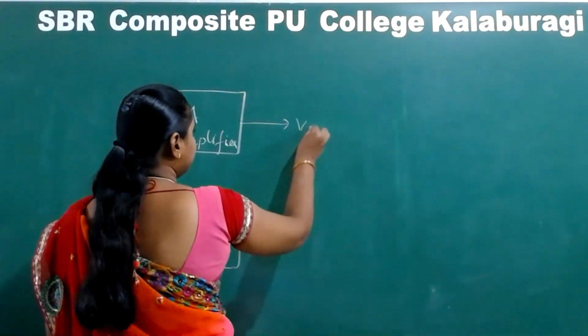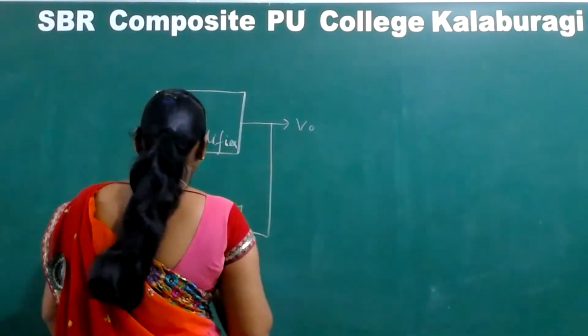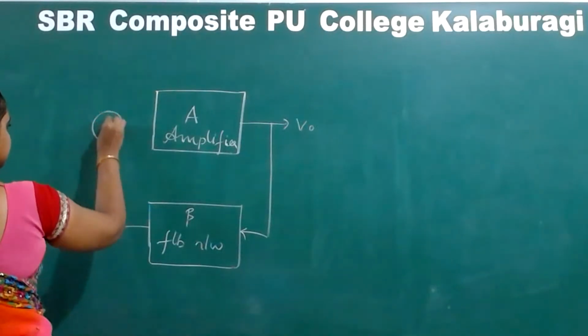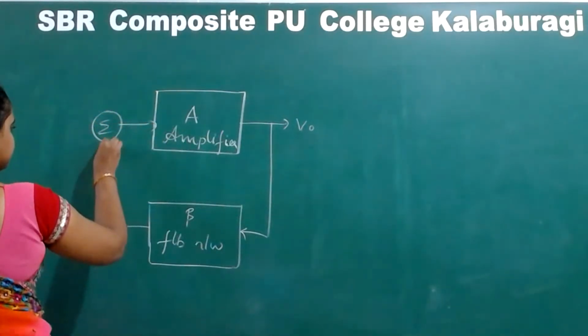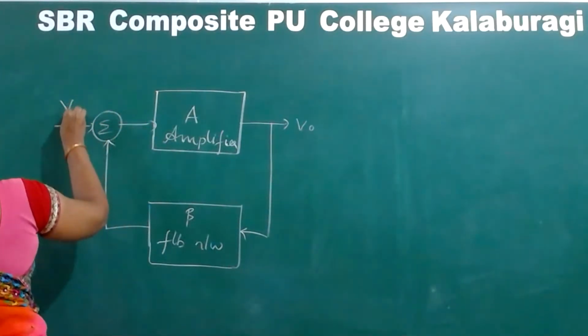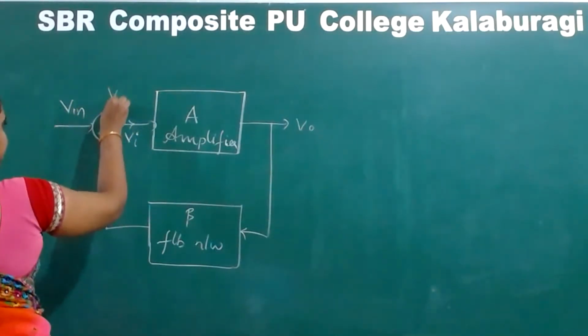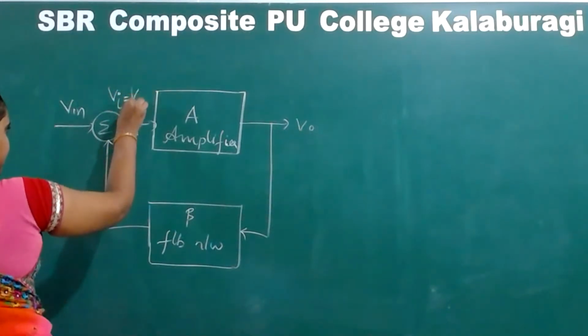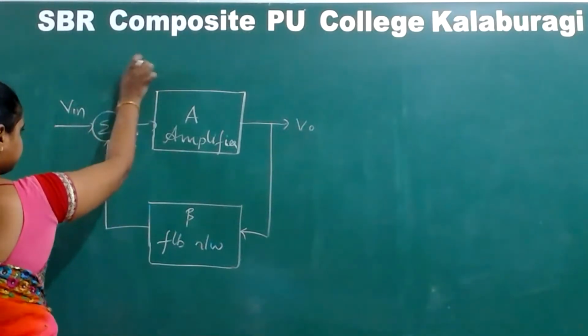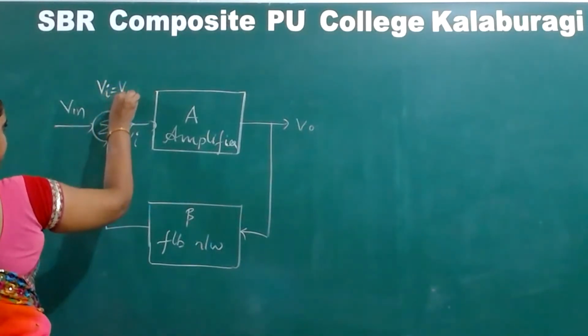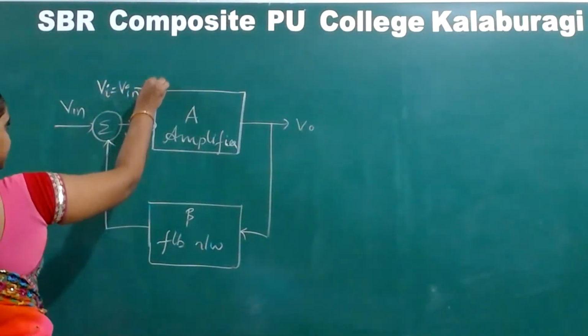This is the output. This is VA. This is VI. VI is equal to VA minus VF.